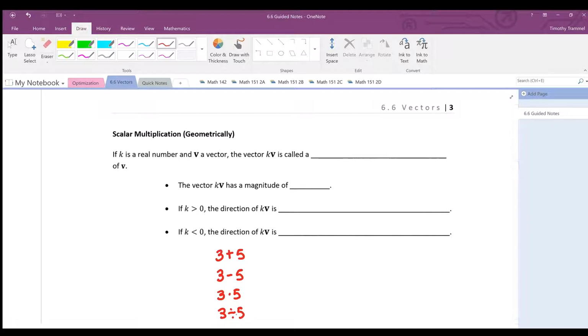These are things that we can do with real numbers, right? Well, we have new objects now, and these new objects are called vectors. You don't want to write this down here where I'm writing it because we'll be filling in this space shortly. But you can actually add vectors. You'll be able to subtract them. You'll be able to multiply vectors by numbers.